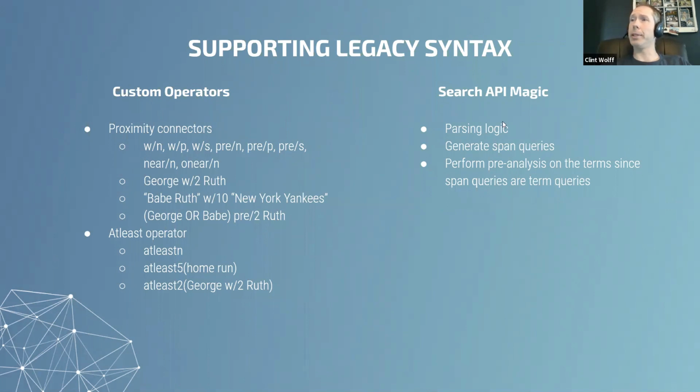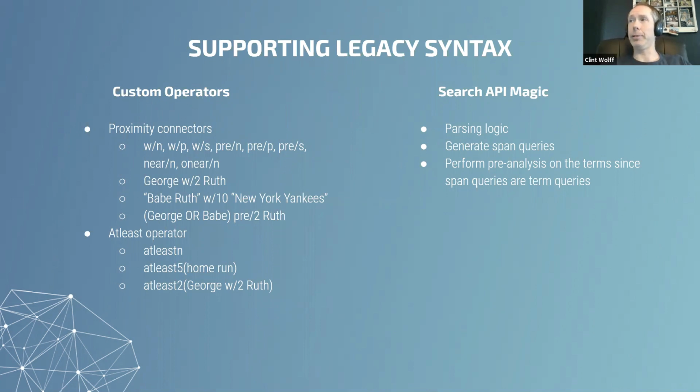So how did we solve this challenge? How did we implement these custom connectors? Search API magic. So of course we have a custom search API that sits between our cluster and the application. Any search that the application does, it always calls our search API, and then we turn around and call the cluster.